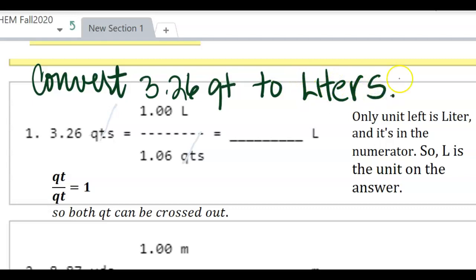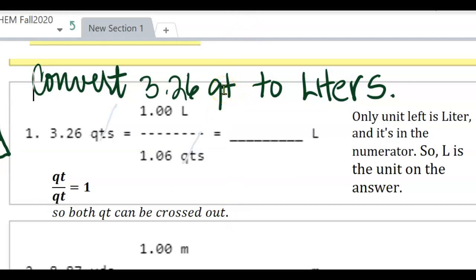All right. So it turns out that 1 liter contains 1.06 quarts. And of course, we could also say that 1.06 quarts is the same as 1 liter. Both of these are true for this problem. So now we look and we decide we're starting with quarts.